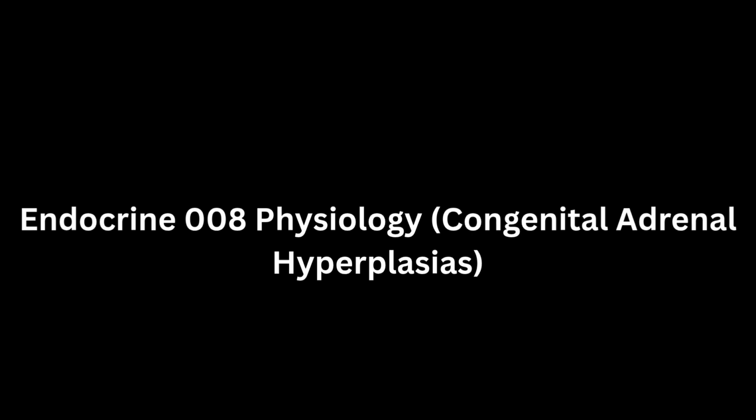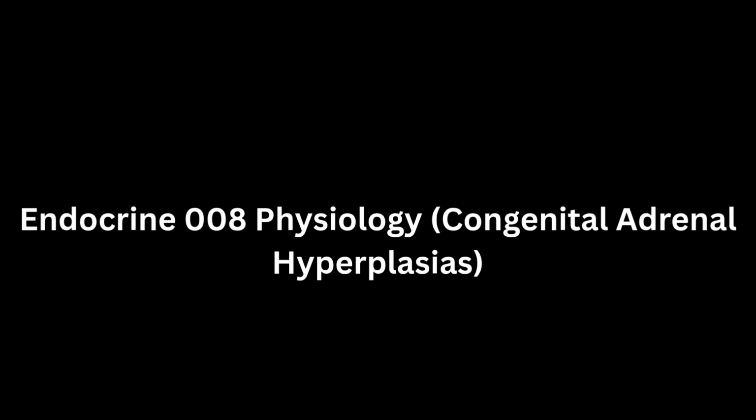Second thing is, overall, why do these hyperplasias occur? Well, the reason behind it is the decrease in production of cortisol, all right? Cortisol is a very important hormone, and we'll talk about it later on. Essentially, it's actually a steroid, a very important steroid, and we're going to talk about it later on.